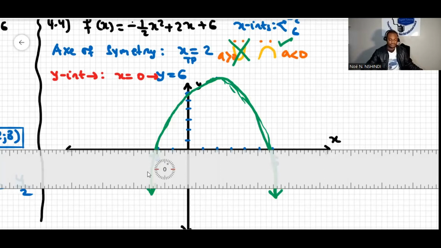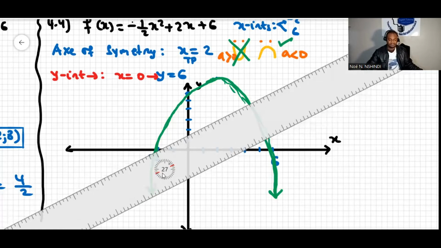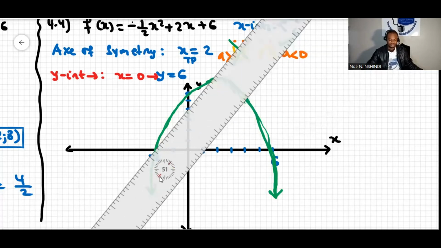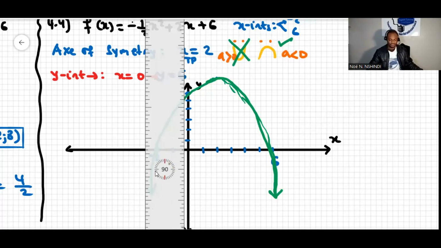And then also the line of symmetry. The line of symmetry here must be a vertical line. It's the line that passes through the turning point. So it must be through the x value of the turning point, which was 2.